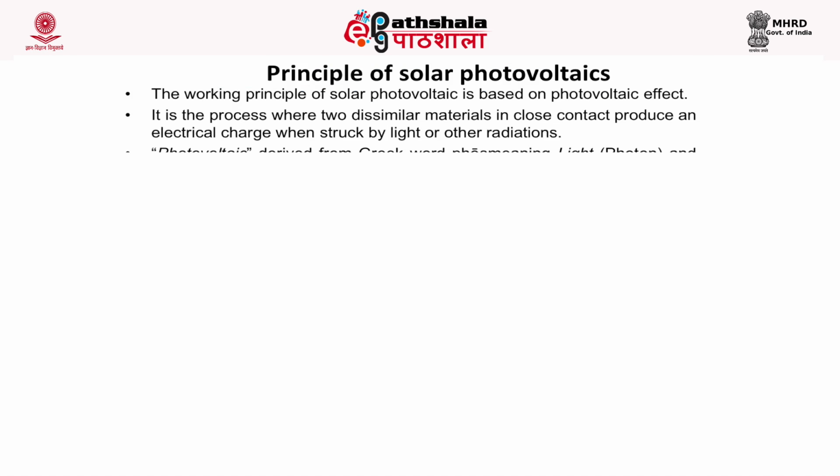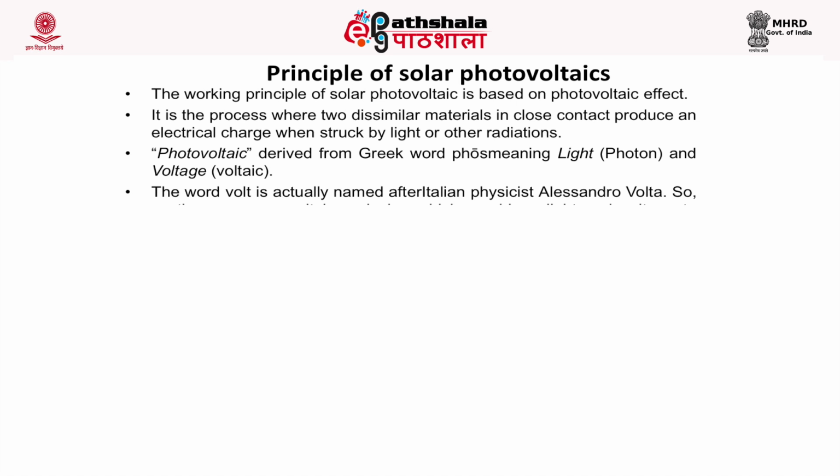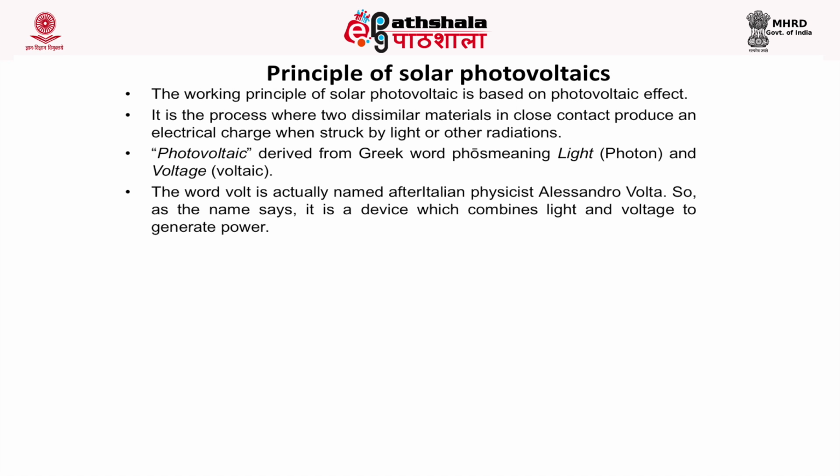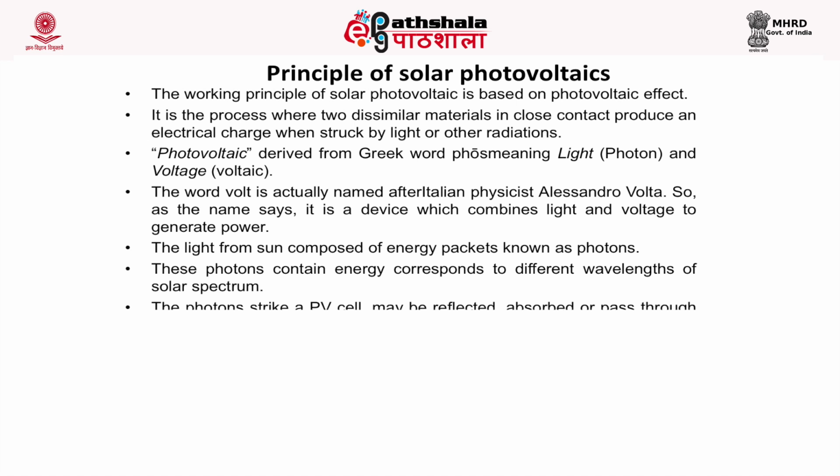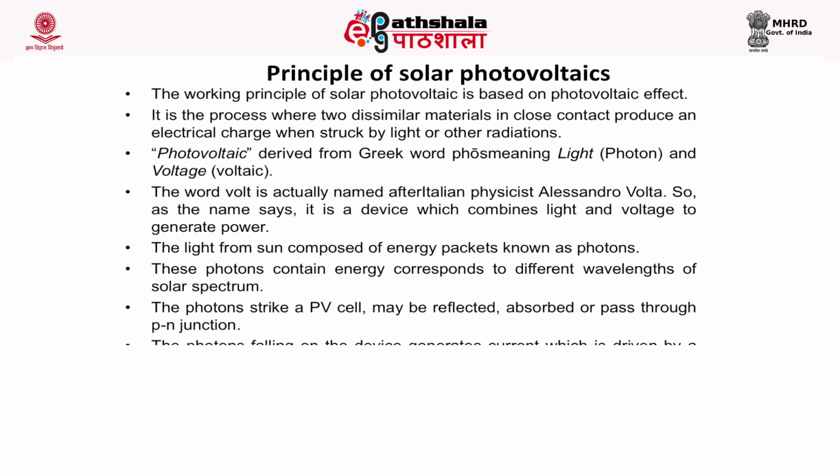Let's start with the principle of solar photovoltaics. Solar photovoltaic works on the principle of photovoltaic effect. It is a process where two dissimilar materials in close contact produce an electrical charge when struck by light or other radiations.